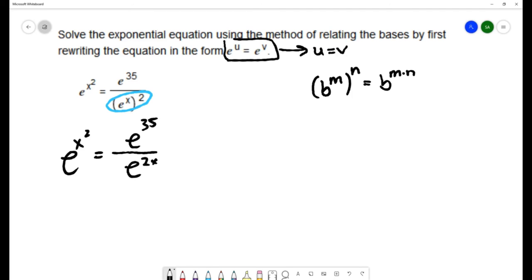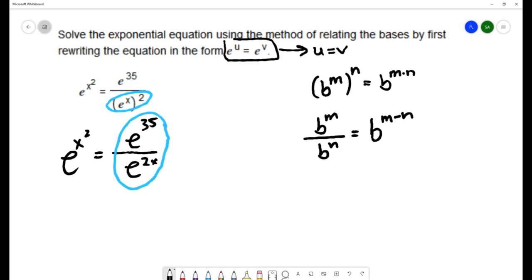Then we're going to simplify this whole right-hand side using another property of exponents called the quotient rule for exponents. With the quotient rule, we have b to the m over b to the n. Here we're dividing, and the expressions that we're dividing have the same base. With the quotient rule, we subtract the exponents, so we have b to the m minus n.